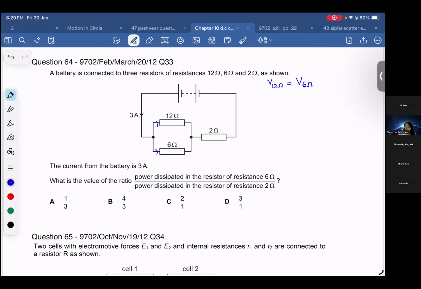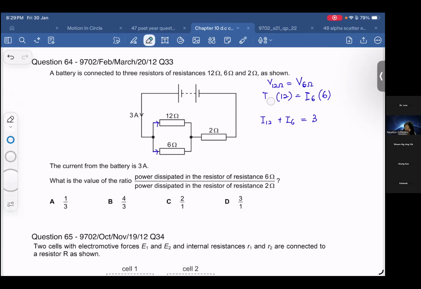Because they are parallel. So the current for 12 ohm times 12 equals the current for 6 ohm times 6. They must be the same. Then I for 12 plus I for 6 equals 3 ampere. From here, are you able to find out what is the current flowing through the 12 ohm? What is the current flowing through the 6 ohm? Correct.